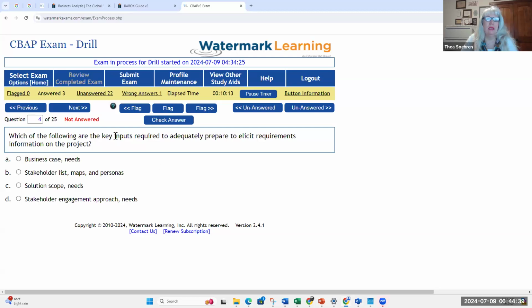So we want the inputs to one of our tasks, and the task is we're going to be eliciting requirements information. Would that be conduct elicitation, or prepare for elicitation? So we know what the inputs to those are, right?